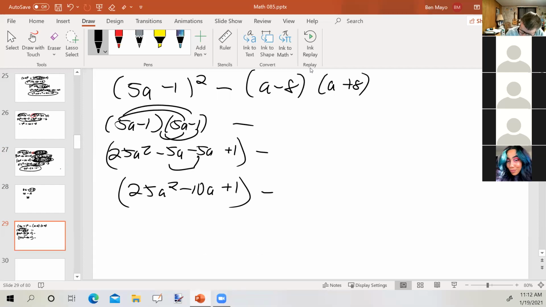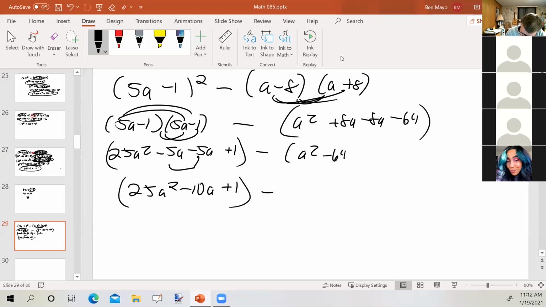Then I'm going to take the second group and I'm going to multiply it out. a squared plus 8a minus 8a minus 64, but I need to combine that. a squared minus 64.